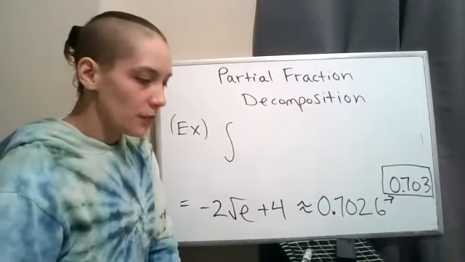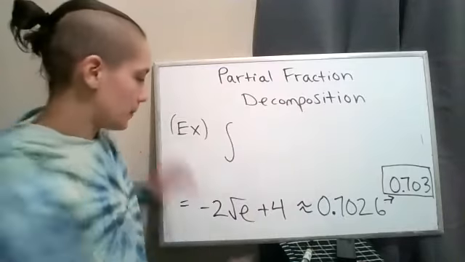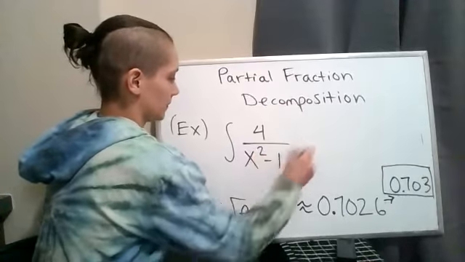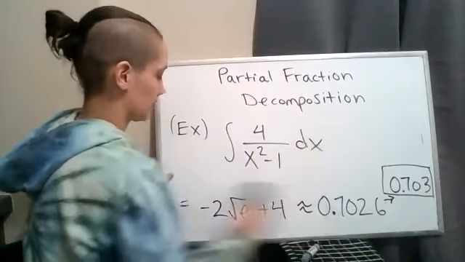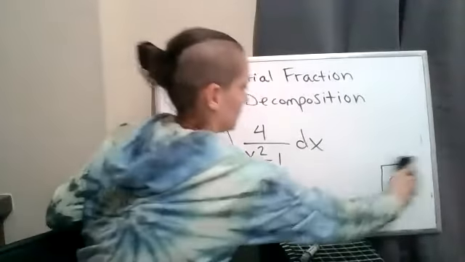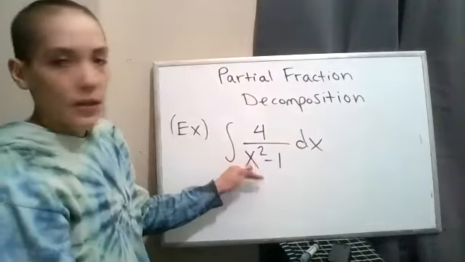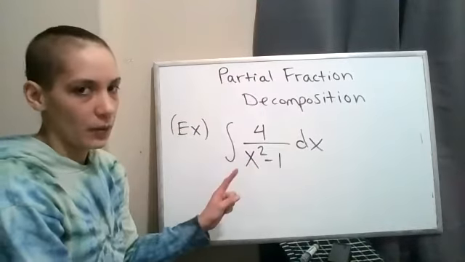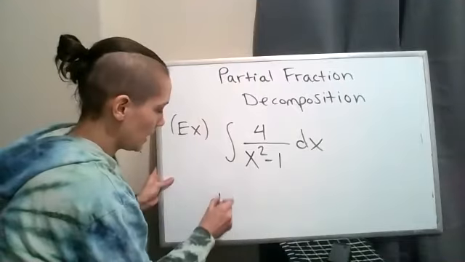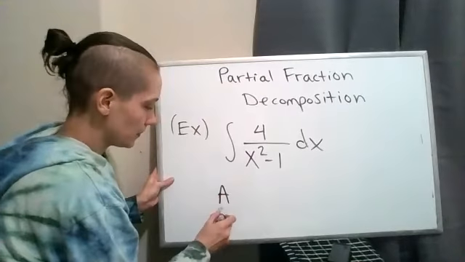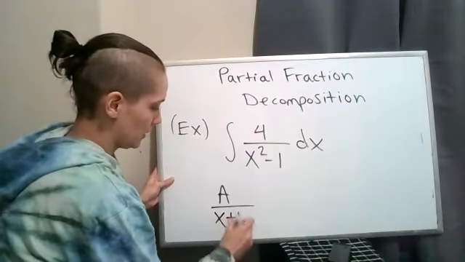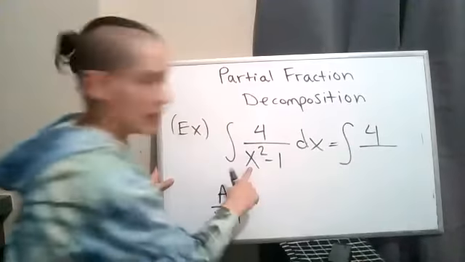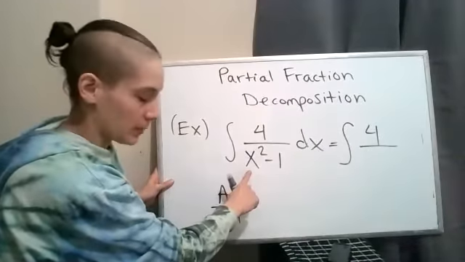I'm going to do the integral of 4 over x squared minus 1 dx. So we're going to write fractions that we want to look like a over x plus 1, which by the way, this is 4 over a difference of squares, x plus 1 times x minus 1.